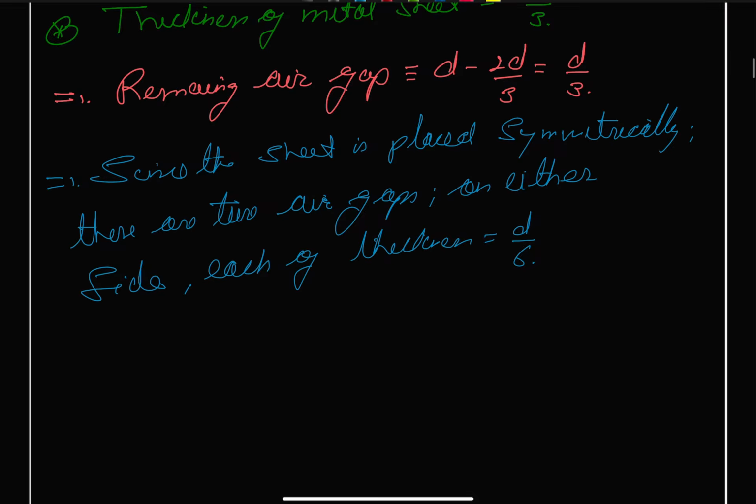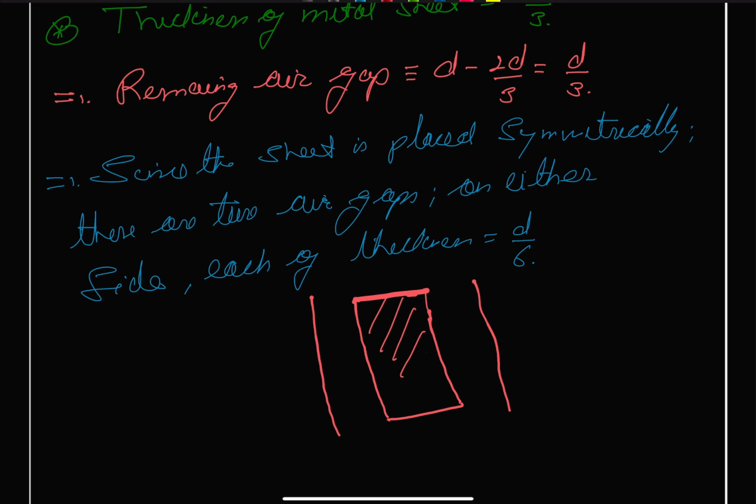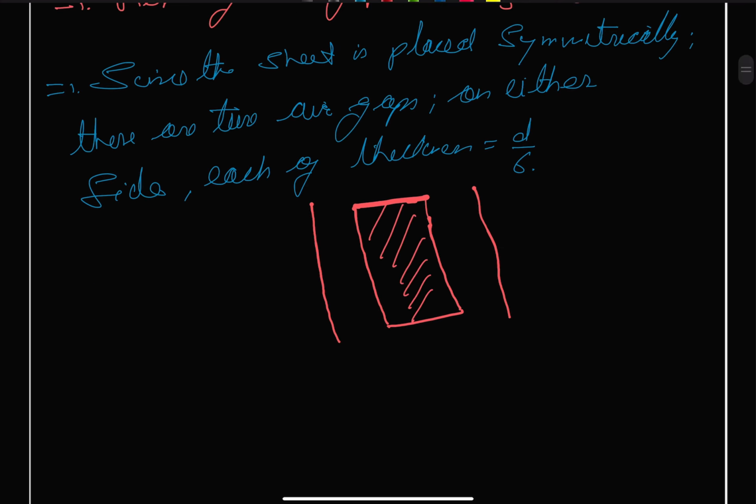So we can once again draw an approximate figure for that. These are the plates of the capacitor, and between the plates symmetrically a sheet is being introduced. The thickness of the sheet is 2d by 3. Please remember, this is a metal sheet.